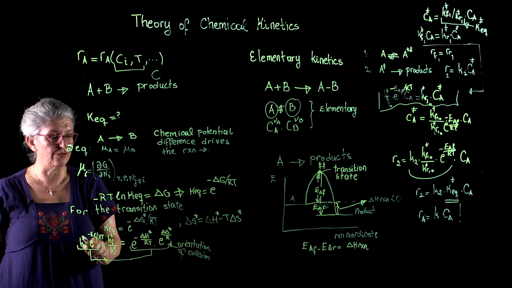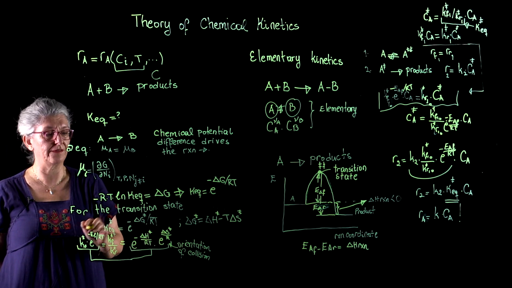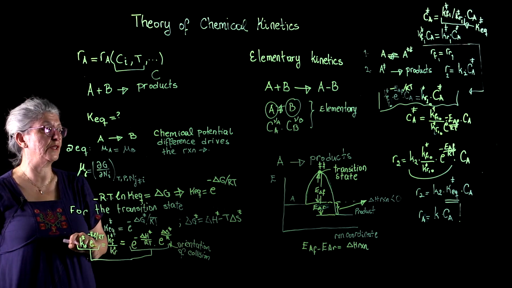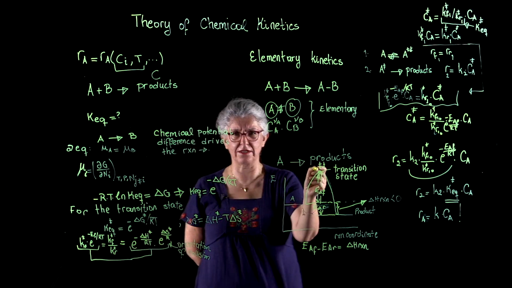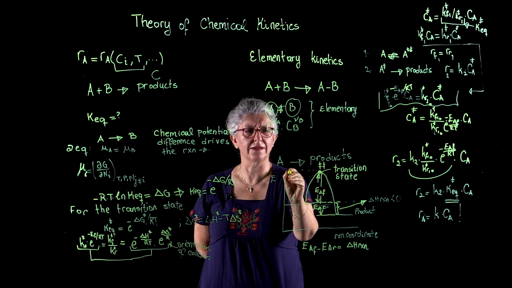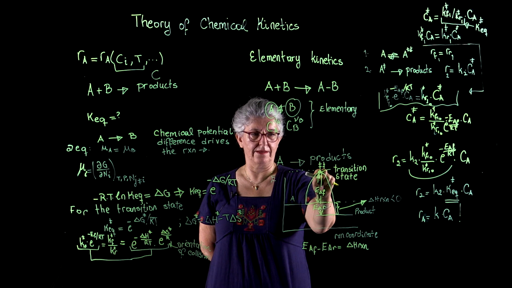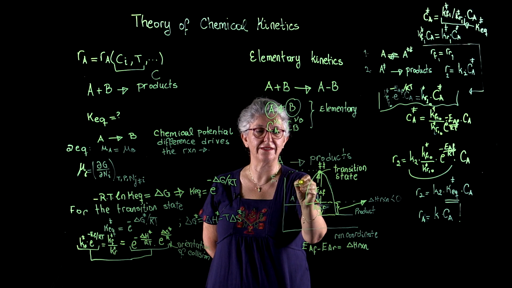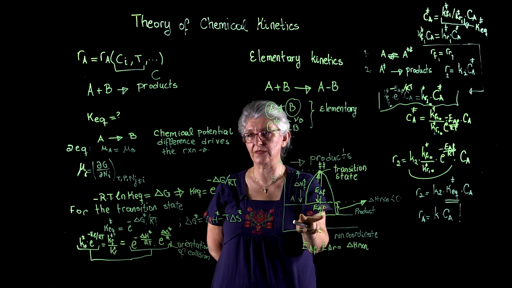The activation energy term is related to the enthalpy change of the transition state formation. So let us go back and look at the enthalpy change of the transition state formation. It is the difference between the enthalpy of this state and the enthalpy of this state. So this is delta H of the transition state, right? For the forward side, which is equal to the activation energy of the forward reaction.